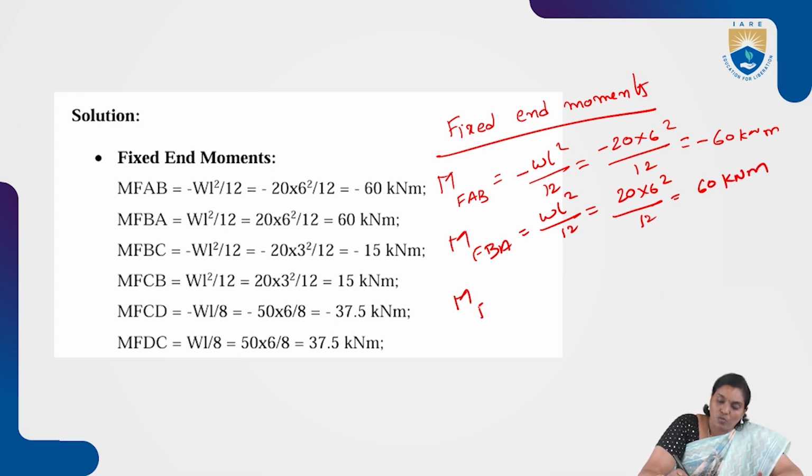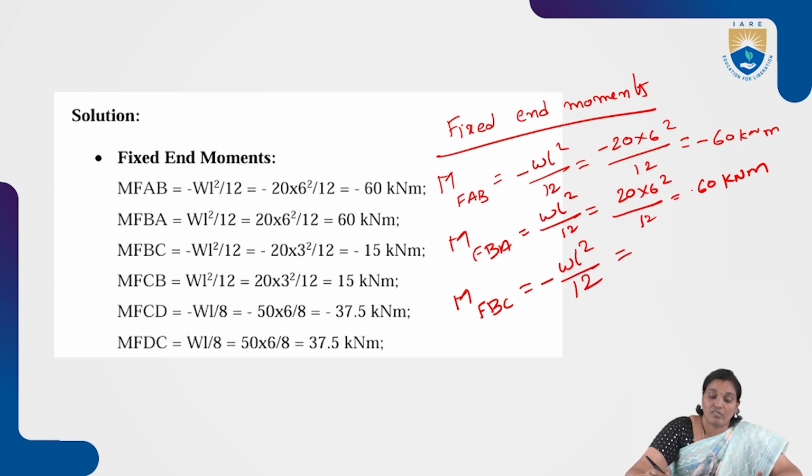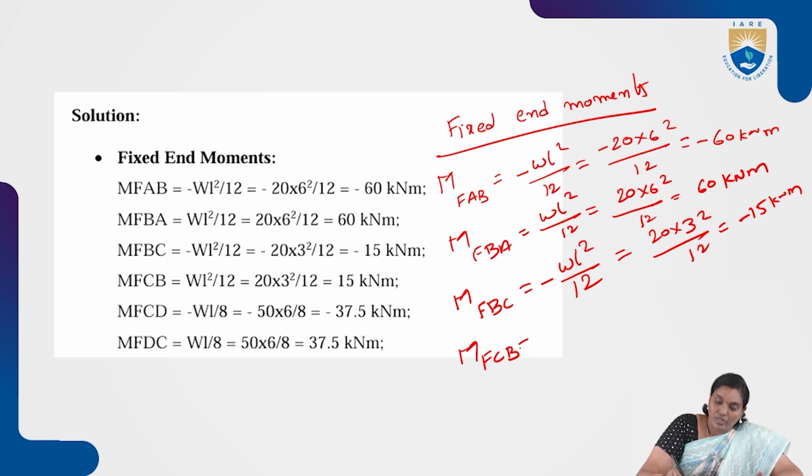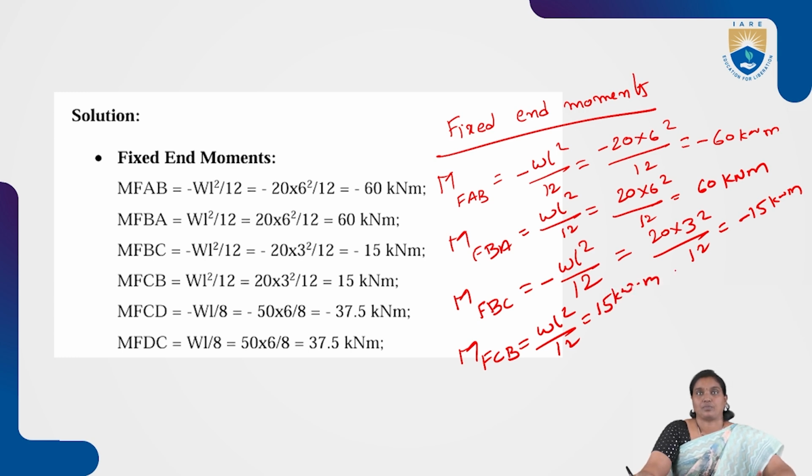The fixed end moment for B to C is a uniformly distributed load, so WL square by 12, 20 into 3 square by 12, equal to minus 15 kilonewton meter. Similarly, from C to B it is plus WL square by 12, equal to plus 15 kilonewton meter.